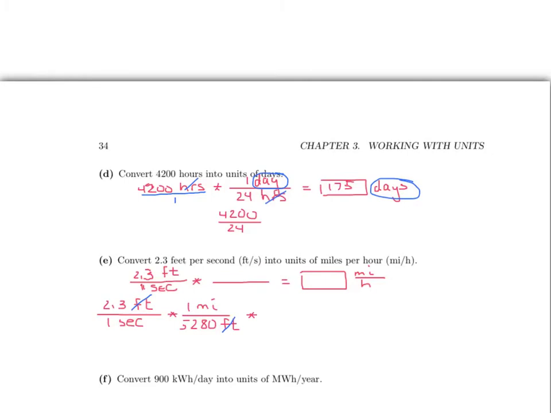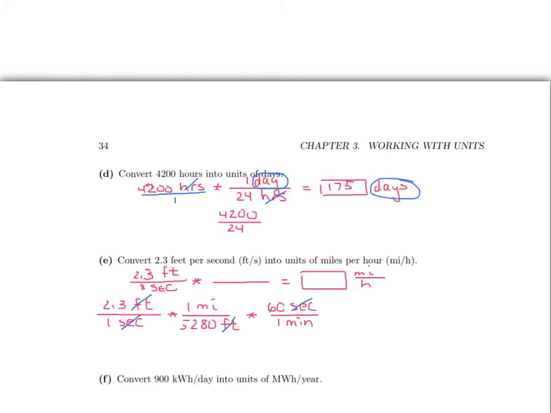We know that there are 60 seconds in 1 minute. So you can see here, by multiplying by this conversion factor, I've gotten rid of the seconds. I haven't gotten all the way to hours yet, but I've gotten to minutes.